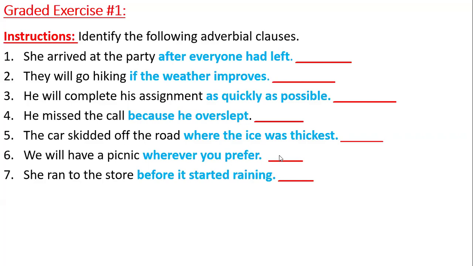Number 4, he missed the call because he overslept. Number 5, the car skidded off the road where the ice was thickest. Number 6, we will have a picnic wherever you prefer. Number 7, she ran to the store before it started raining.